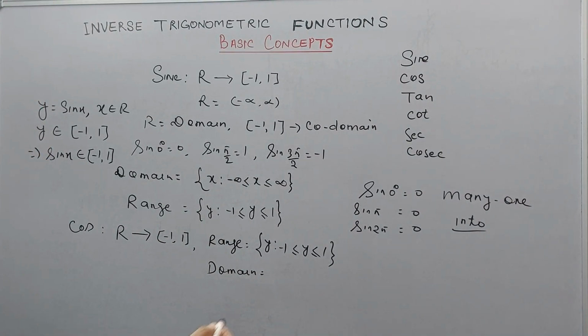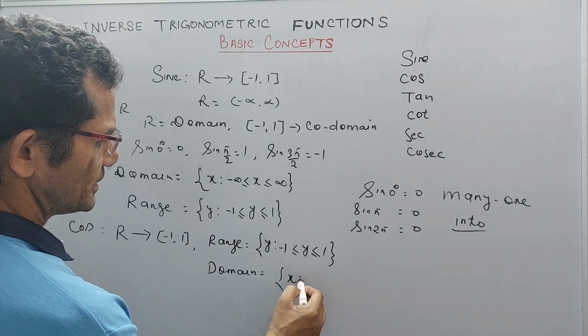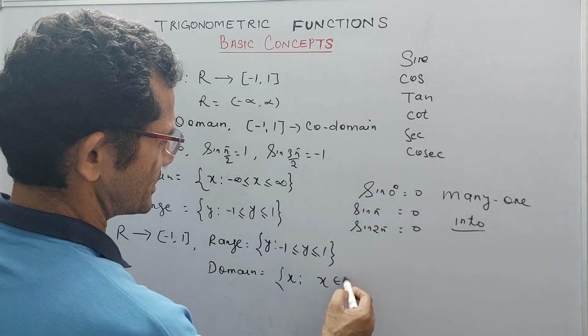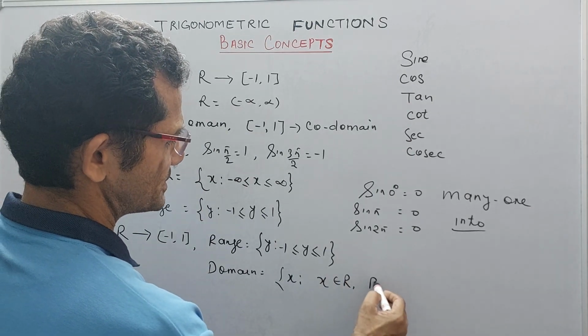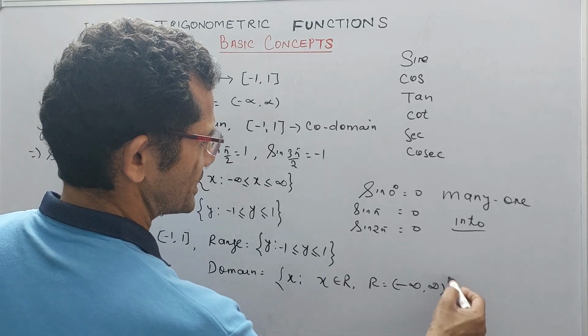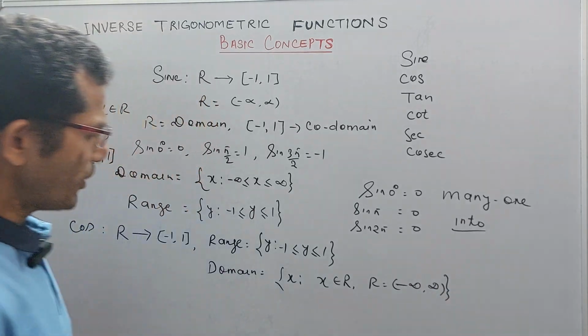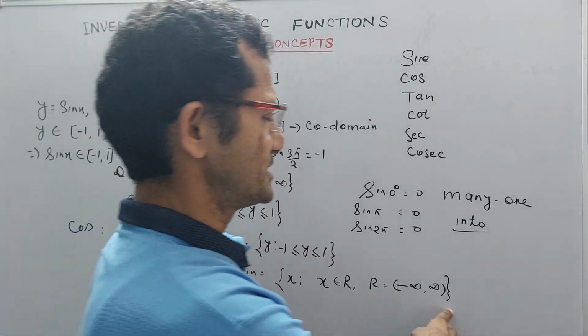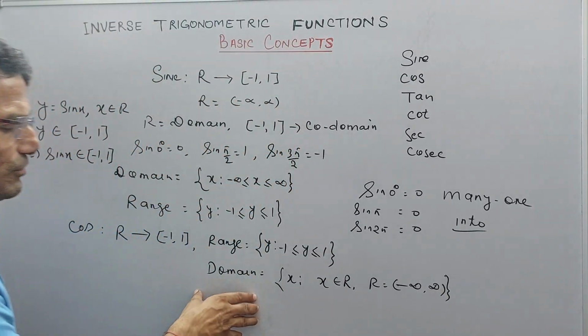The domain of the cos function, in set builder form, is x such that x belongs to the set of real numbers. The set of real numbers takes values from -infinity to +infinity, so all real numbers are part of the domain.